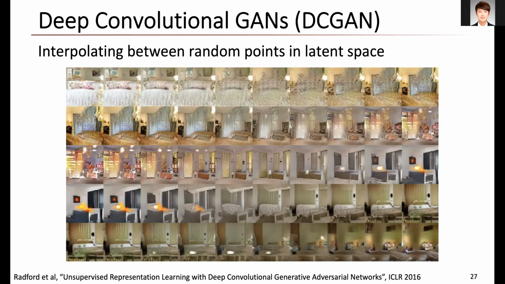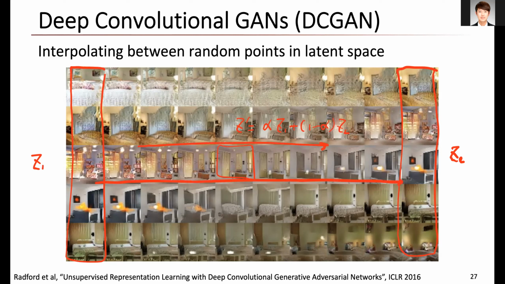This is one of the generated images by random noise Z1, and this is another image by another random noise, let's say Z2. Then when we interpolate Z1 and Z2, for example, Z prime equal to alpha Z1 plus 1 minus alpha Z2, then by varying the alpha value through the generator network, we can generate images that look like this.